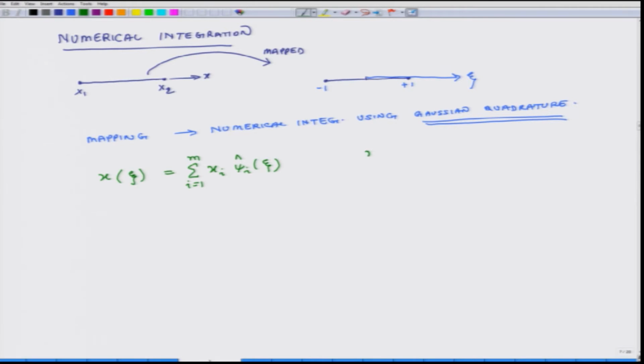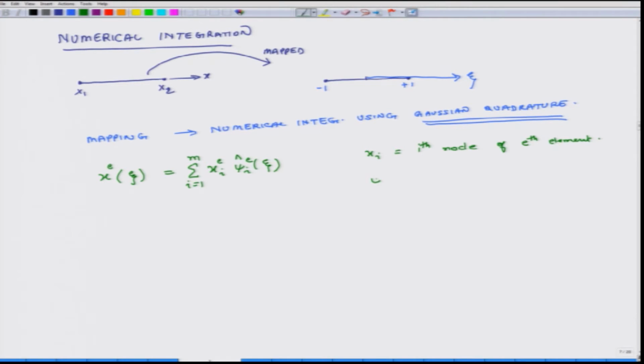And here xi is the ith node of, so I will also put a superscript e, the eth element. So, if it is a linear element, then it will have two nodes. If it is a quadratic element, then each element will have 3 nodes, and so on and so forth.